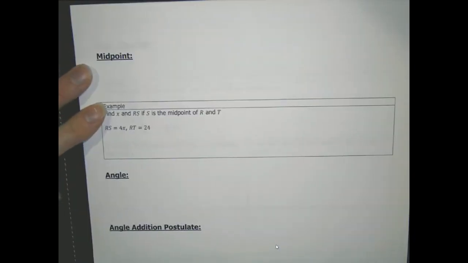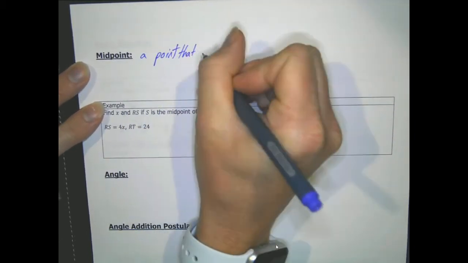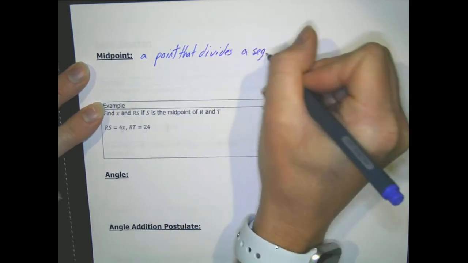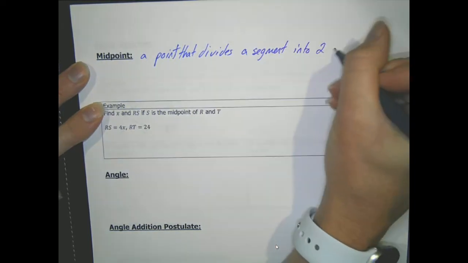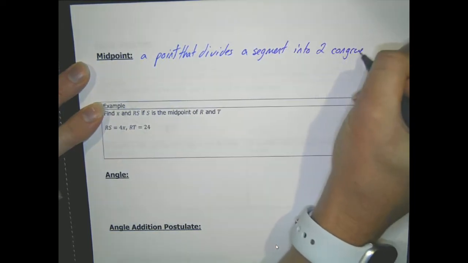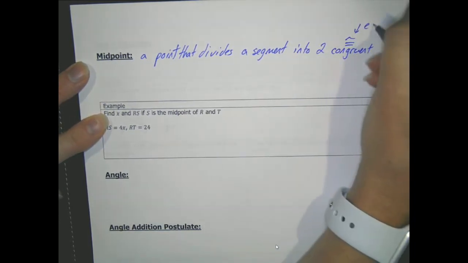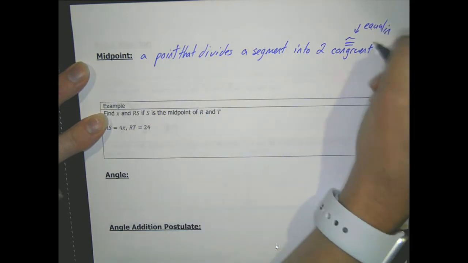Midpoint. Midpoint is a point that divides a segment into two congruent parts. This is congruent, which means equal in measure.